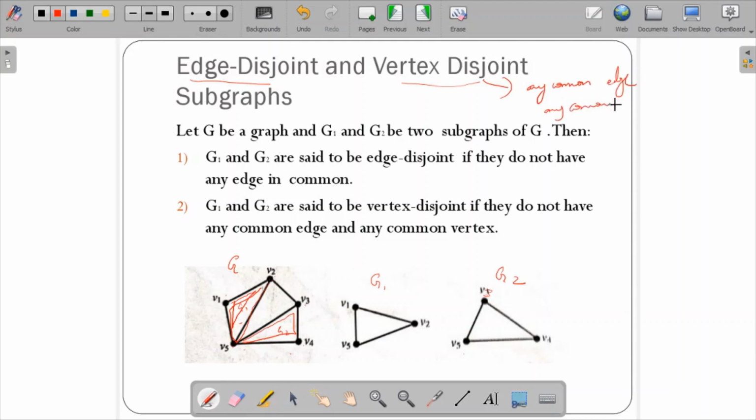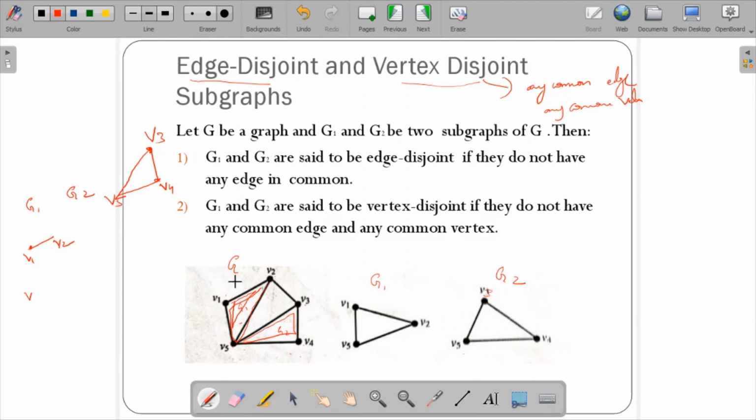Now for this graph itself, how can we tell that G1 and G2 are vertex disjoint? I can take G1 as V1 to V2, and I can take graph 2 as V5, V3, V4.